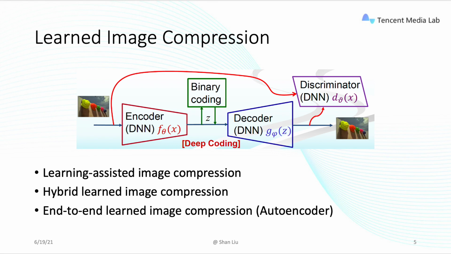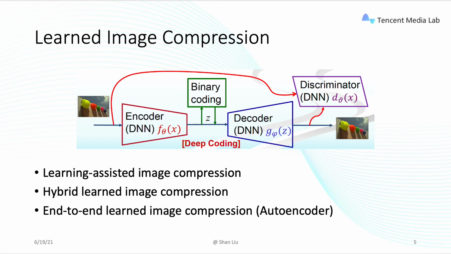If we look at the stages or types of learning-based image compression methods, we could probably put them into three categories. First is learning-assisted image compression, where we use learning-based pre- and post-processing methods such as super resolution and filtering to enhance quality or save bits.